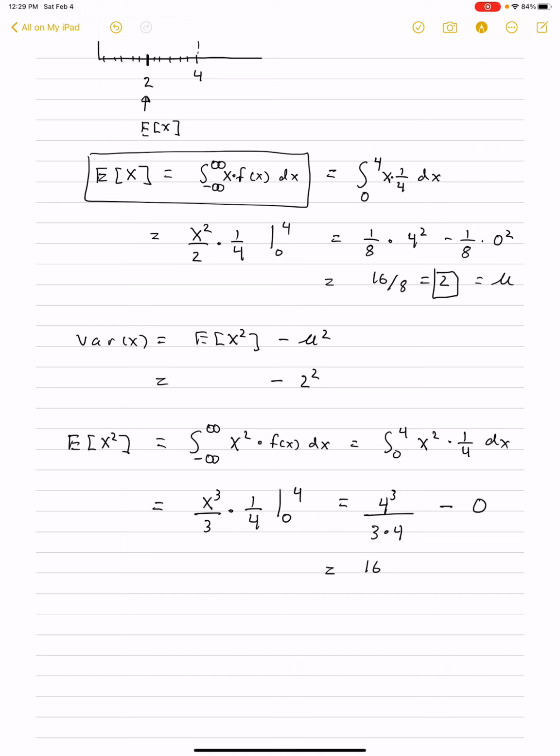So we'll get 16 thirds. So we'll get 16 divided by 3 minus 4. Okay. Well, when you do this calculation, you're going to get 1.33 as your final answer.